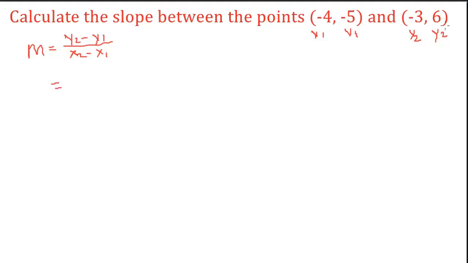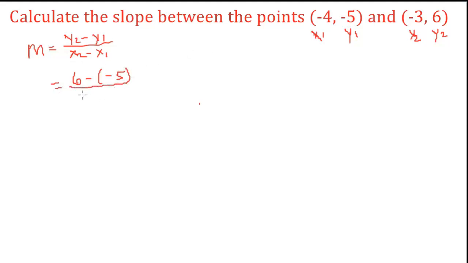The only minor difficulty is that because we have negatives, we have to be really careful when we do the subtraction. So y2 minus y1, that's going to be 6 minus, and then y1 is -5.